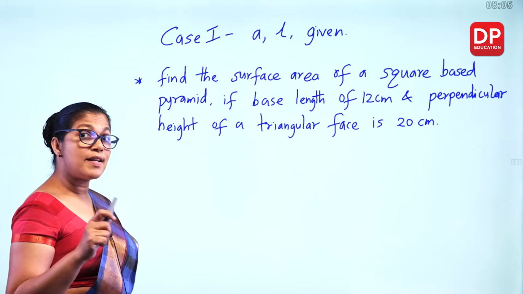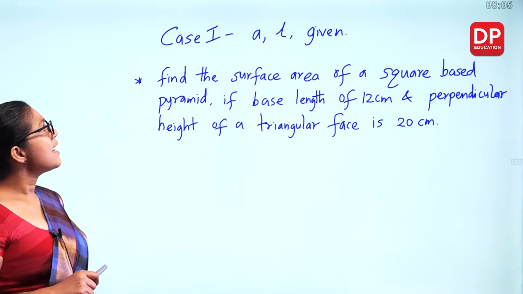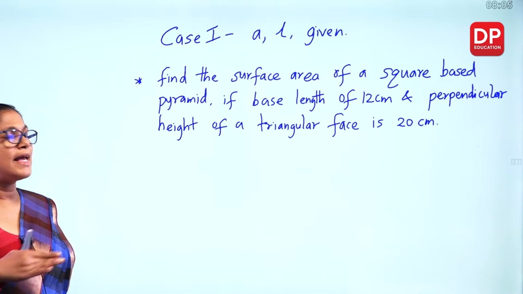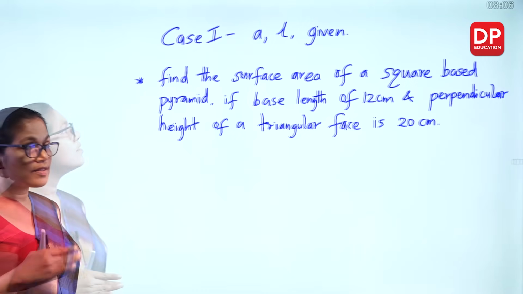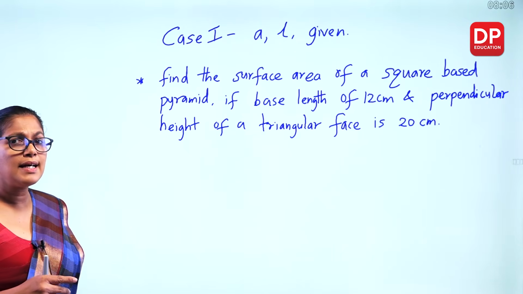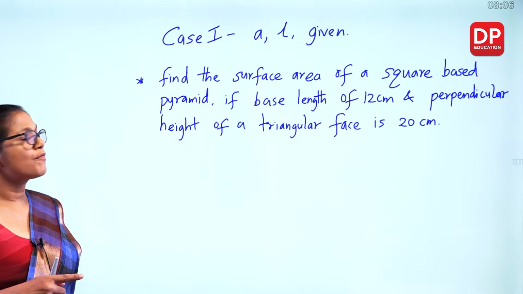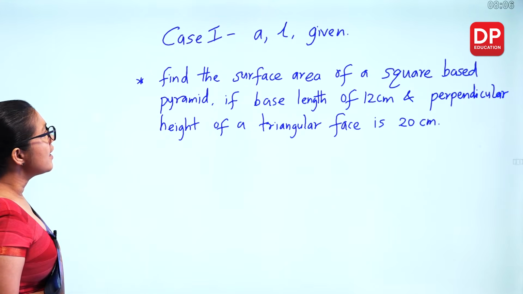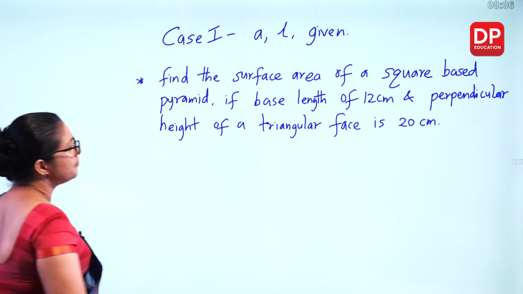So there are several cases. First case, A and L given. What is A? We took A as the base length of the square, and L is the perpendicular height of the triangular face. So here we'll try to draw this.